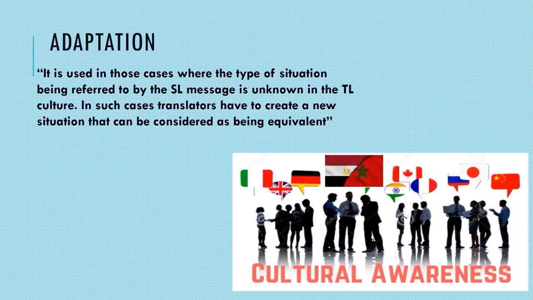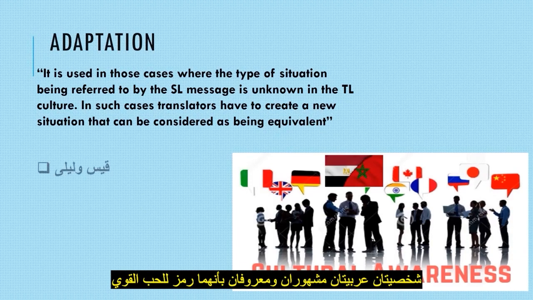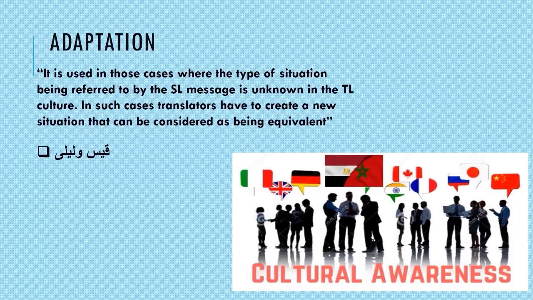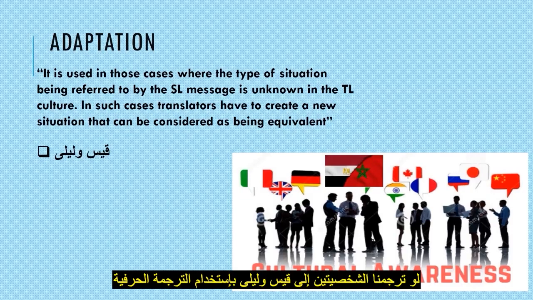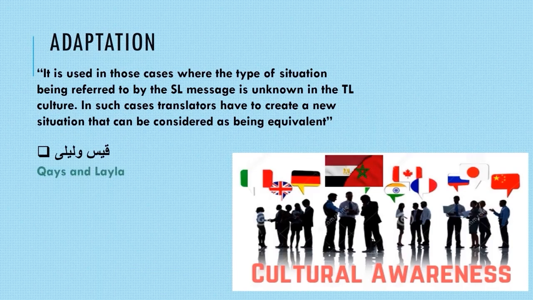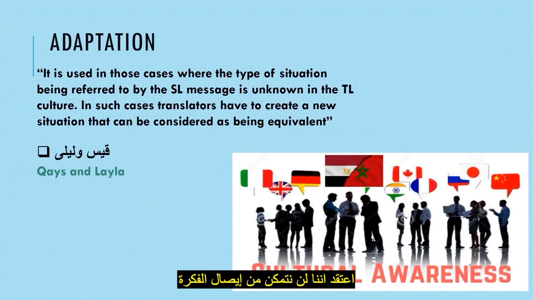For example, if we translate Qais wa Layla, two famous Arab characters who were known for strong love. If we translate the two characters as Qais and Layla by transliteration, I think we won't get the message across.